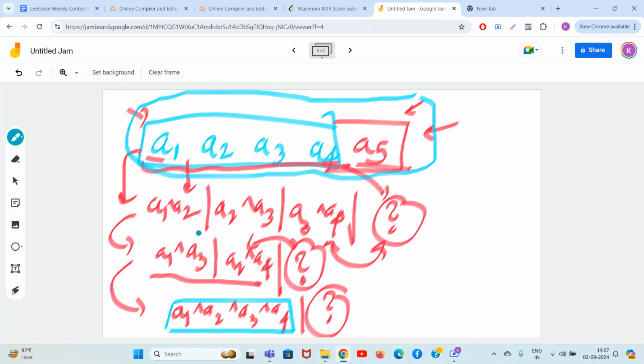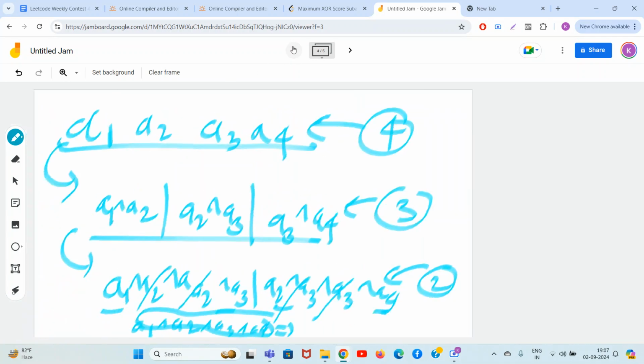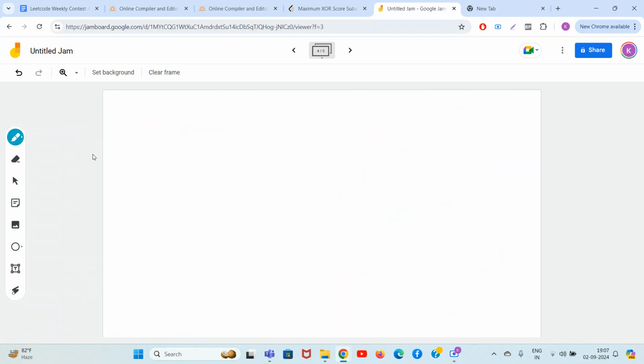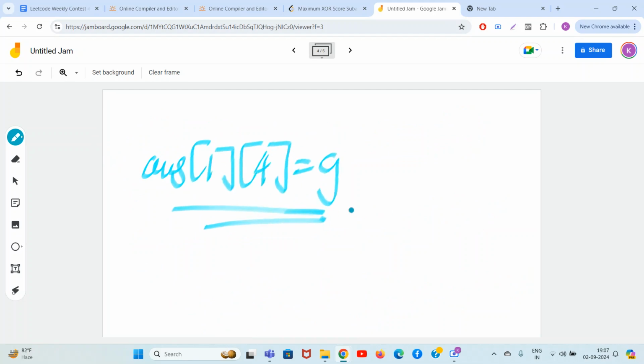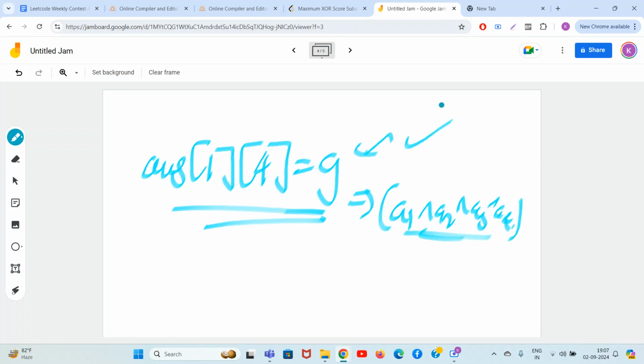I told you to store the answer. You remember I told you that the answer from 1 to 4 is already known to us and it is G. G is nothing but A1 XOR A2 XOR A3 XOR A4. So let's replace it with G. G we already know.